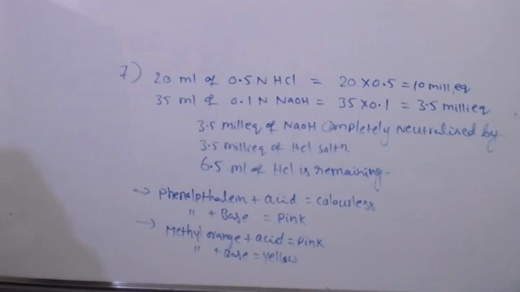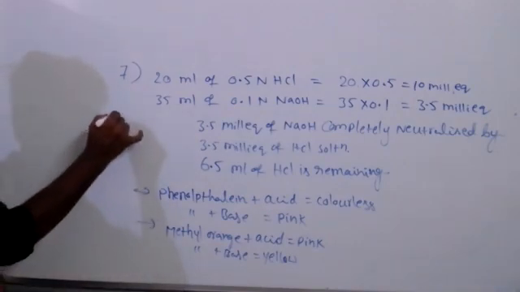Yes, it's correct. Phenolphthalein plus acid is colorless, with base it turns pink. So methyl orange plus acid is pink. D is the correct answer.